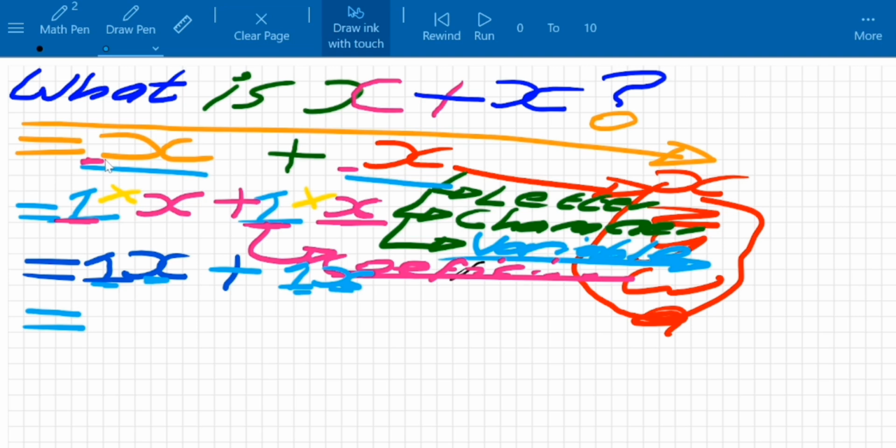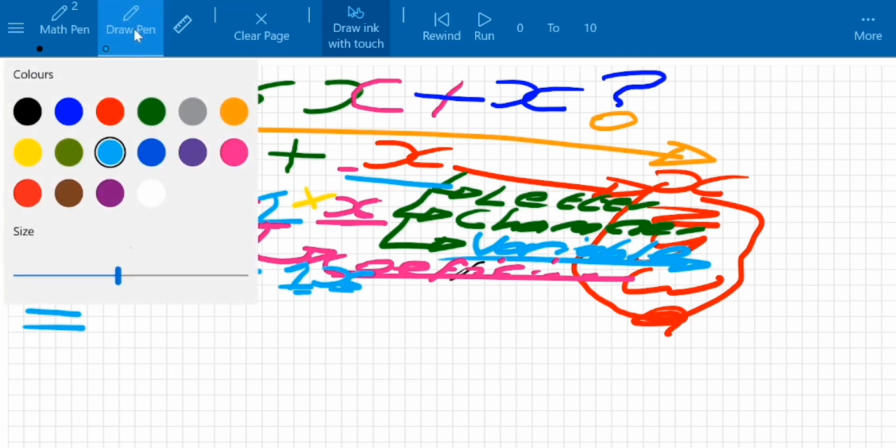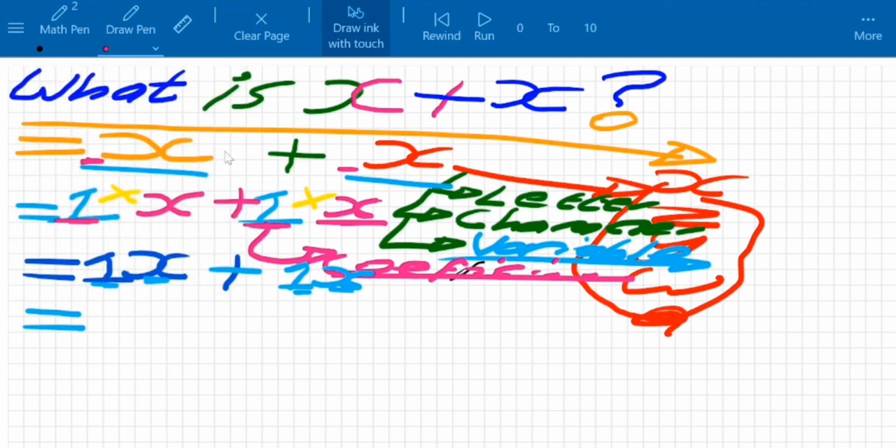So when we add, these are the rules. When we add, we let the variable stay the same, since they are the same. The only thing that changes is the coefficient. So here our coefficient is 1 plus 1, which equals 2.